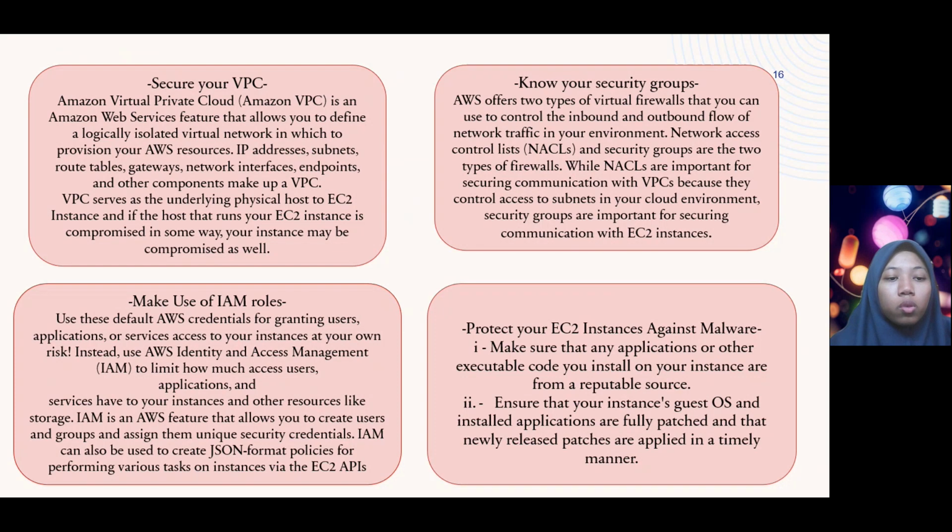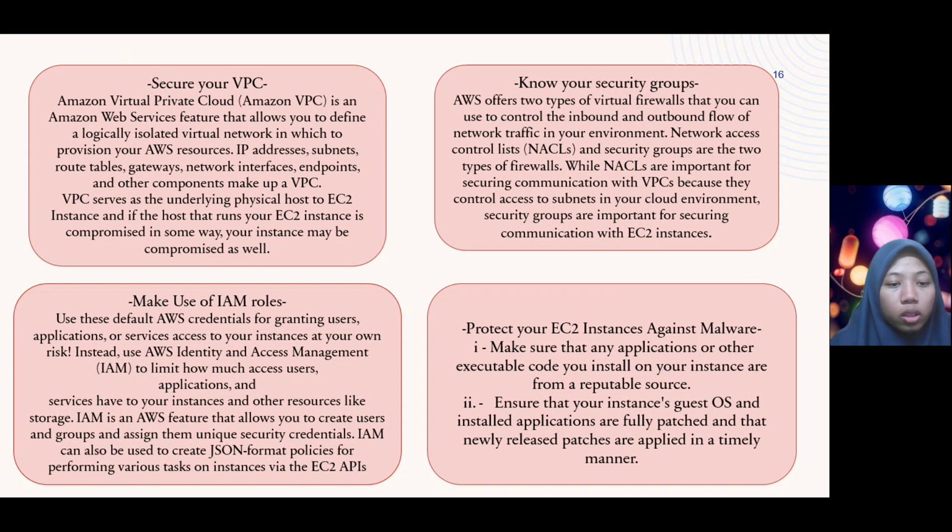Make use of IAM roles. Use the default AWS credentials for granting users, applications, or services access to your instance at your own risk. Instead, use AWS Identity and Access Management, IAM. Limit how much access users, applications, and services have to your instance and other resources like storage.